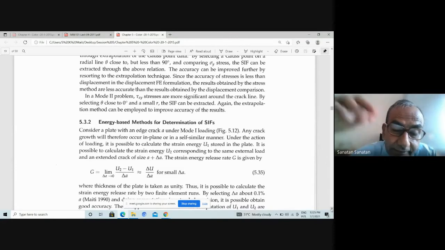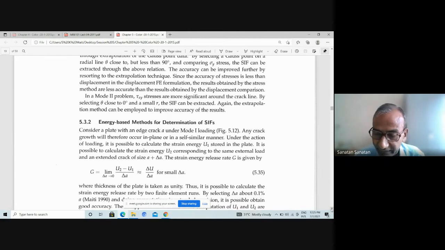If you take this ratio, that gives you the value of strain energy release rate. And indeed, the finite element method will have some degree of accuracy in the calculation of strain energy. If you take two crack sizes differing by a small size, calculate the difference between the two energies and divide by that delta A, it gives you the value of strain energy release rate, which is more accurate.